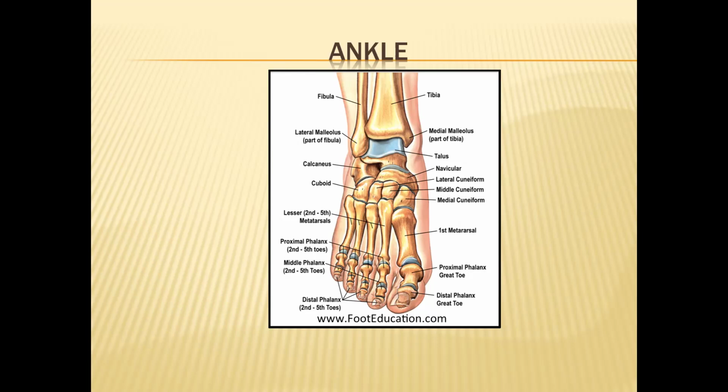For the mortise view, the foot is slightly dorsiflexed and internally rotated about 15 to 20 degrees, and we can see the distal fibula and tibia clearly in this view. Because if the mortise view is not done, we cannot see the distal part of the tibia clearly and a fracture of the posterior malleolus can be missed.